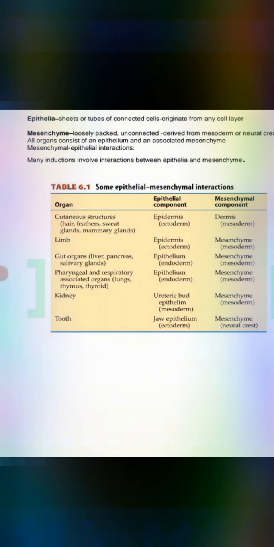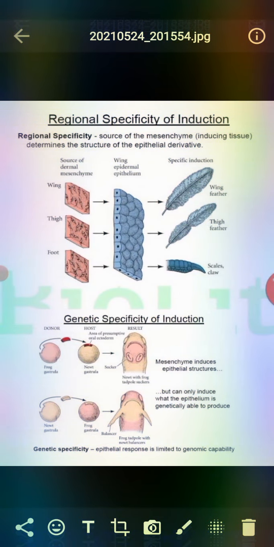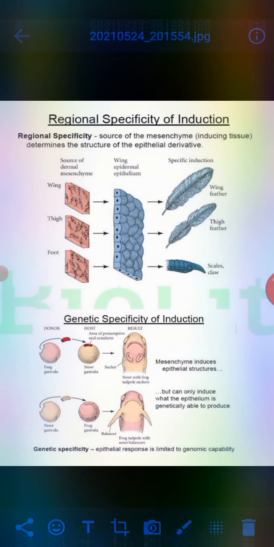Then moving to the next topic, regional specificity of induction. What regional specificity means is shown in a typical example, cutaneous structure development in chick.